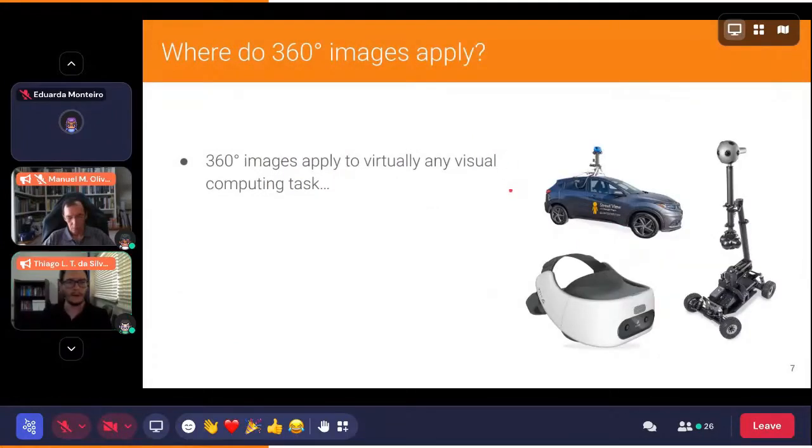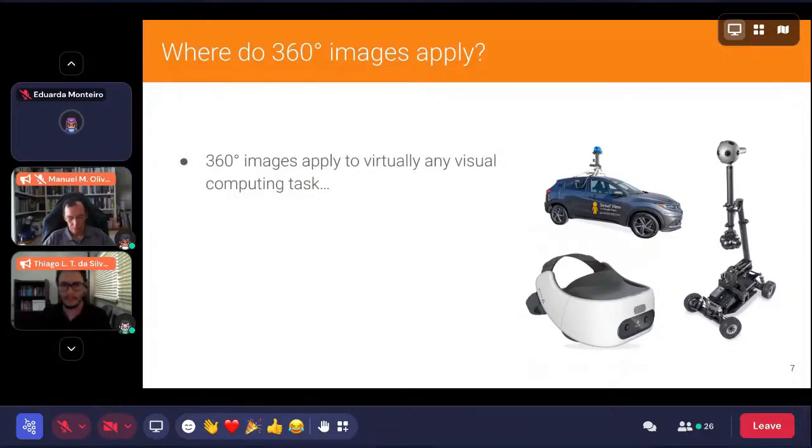Okay. So where do 360-degree images apply? We can think that actually it can be applied to every visual computing task. Of course, we have some applications in mind where we say, oh, this is a classic application where 360-degree images can be applied.